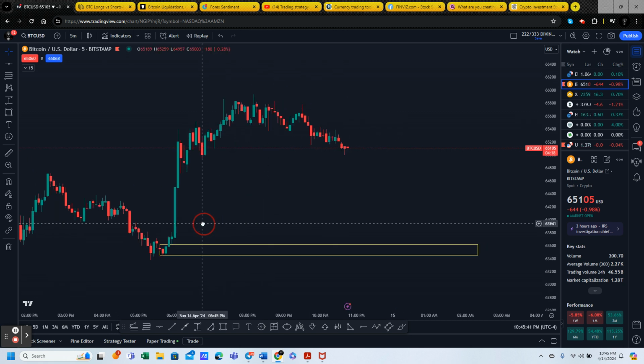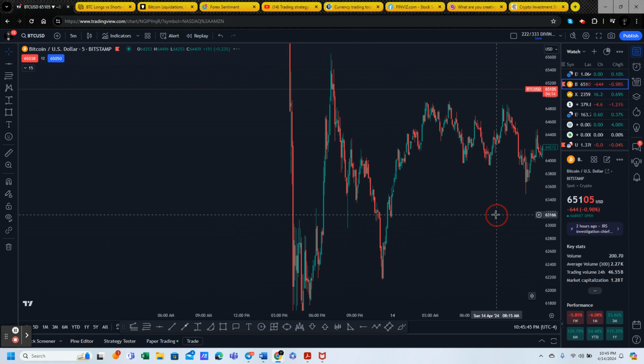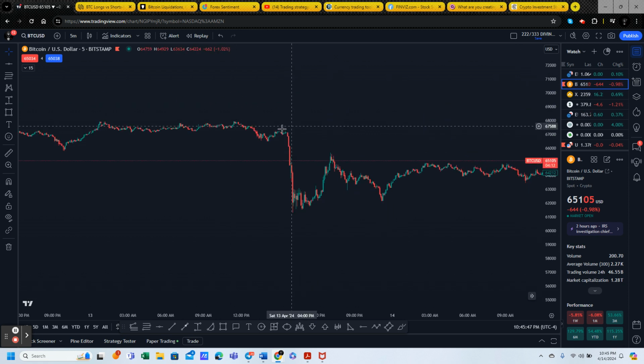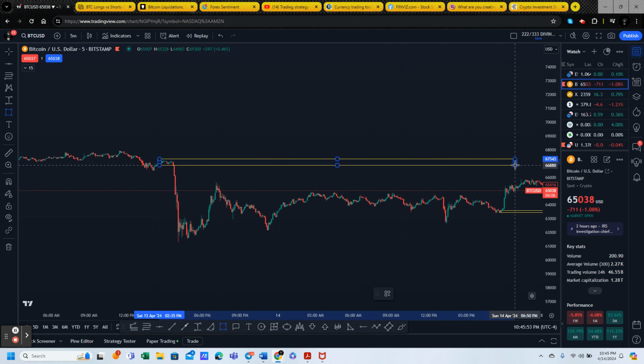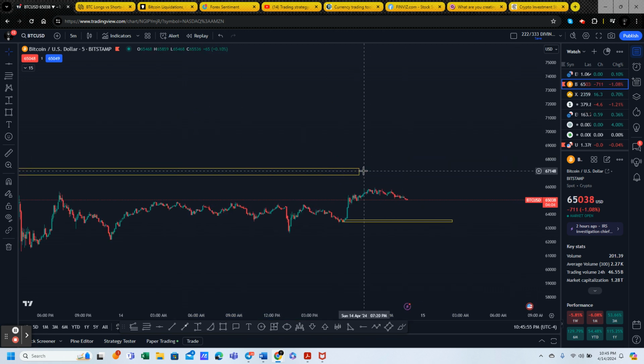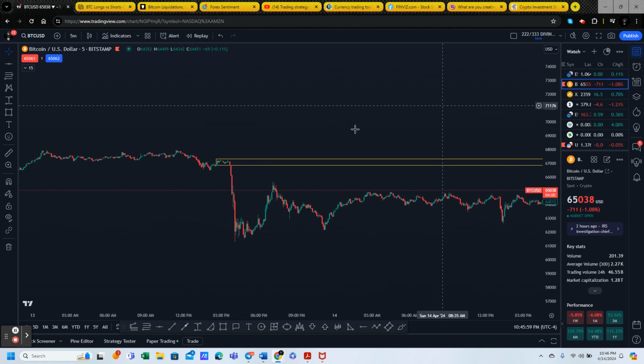We could have seen here when we had this massive drop from up here, which now is a supply zone, we definitely could have seen that we had 60, 70, whatever more orders coming in on the sell side and pushing this thing down.